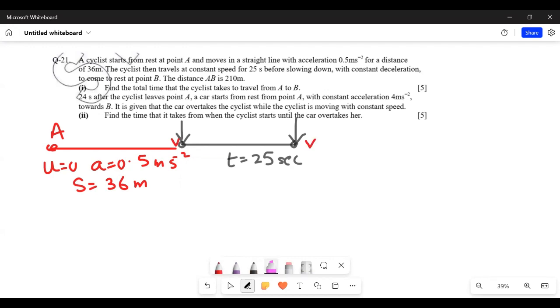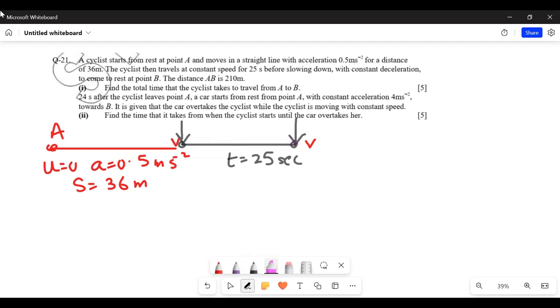And for this part of the journey, you're going to use speed is equals to distance over time, not the equations of motion. Because when acceleration is 0, then you'll be wasting your time applying equations of motion. Just apply O-levels formula, speed is equals to distance over time, which is now V is equals to S over T. No, S is equals to VT, my bad.